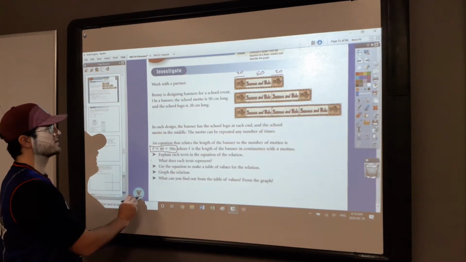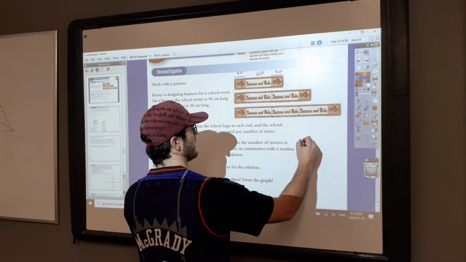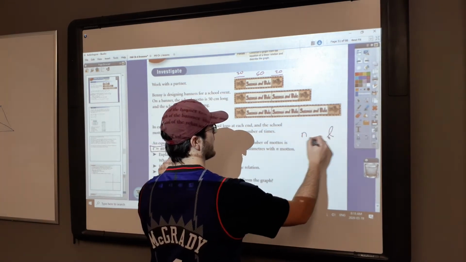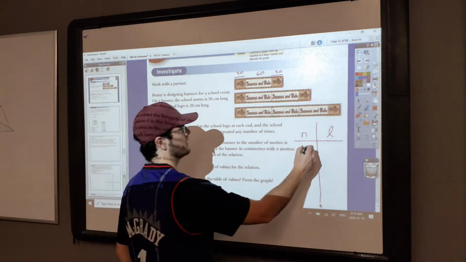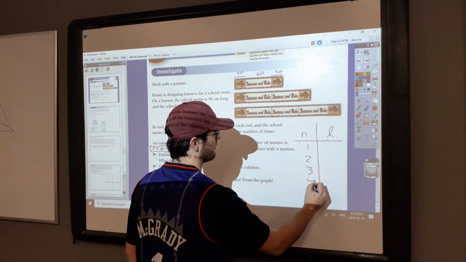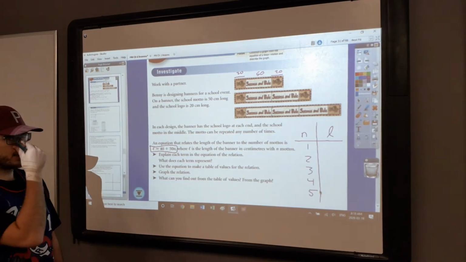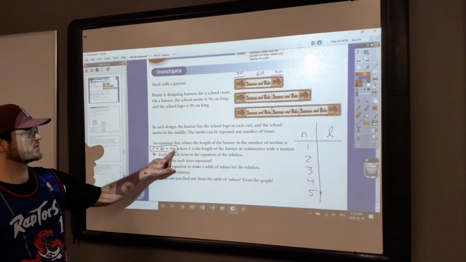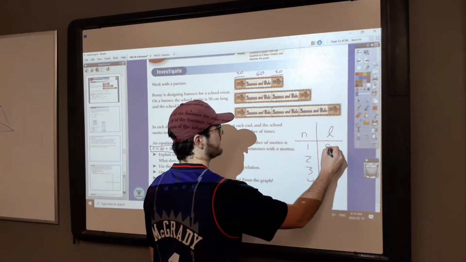So we did some of this in 6.6. So if I take this, I have number of mottos, and then I have the length of the banner. N and L they use, and so I can take 1, 2, 3, 4, 5. So we usually do 4 or 5 to start, and then we can plug in the length, right? So if there's just 1, you're going to get 1 times 50 plus 40 is 90, right?